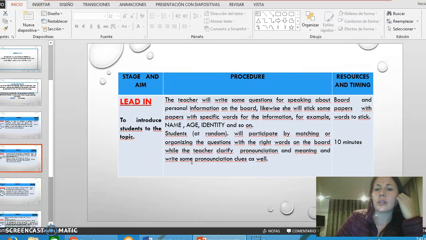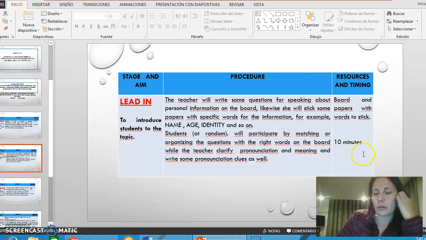Likewise, she will stick some papers with specific words to the information, for example, name, age, identity, and so on. Students at random will participate by matching or organizing the questions with the right word on the board, while the teacher clarifies pronunciation and meaning, and will write some clues of pronunciation as well.